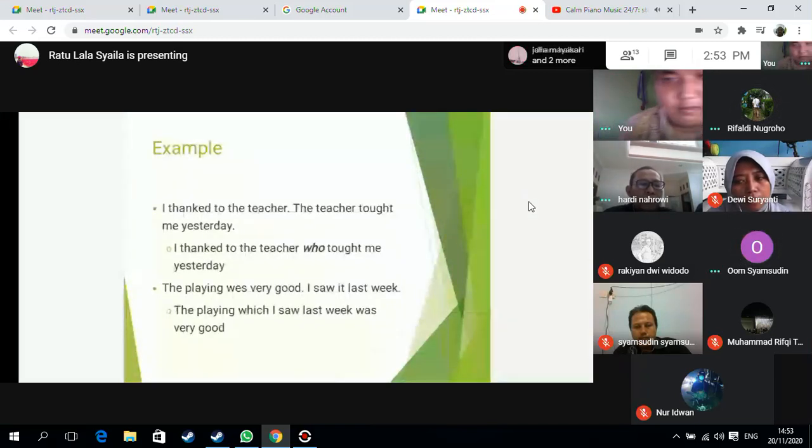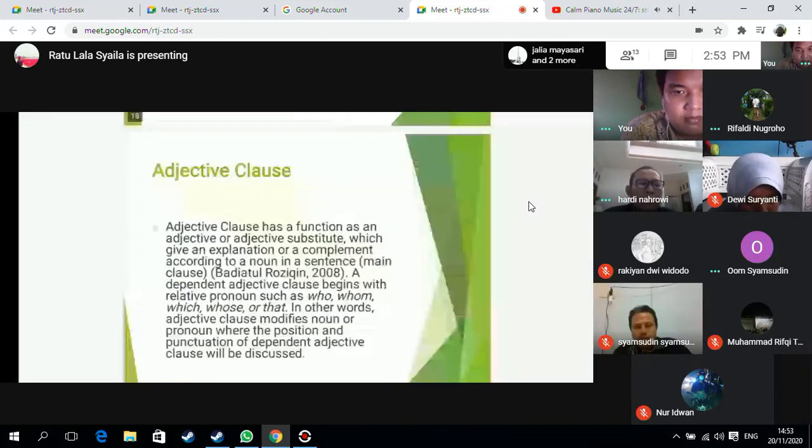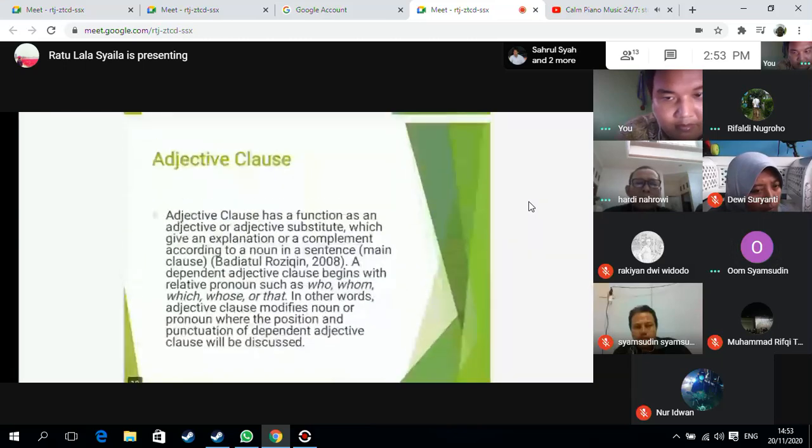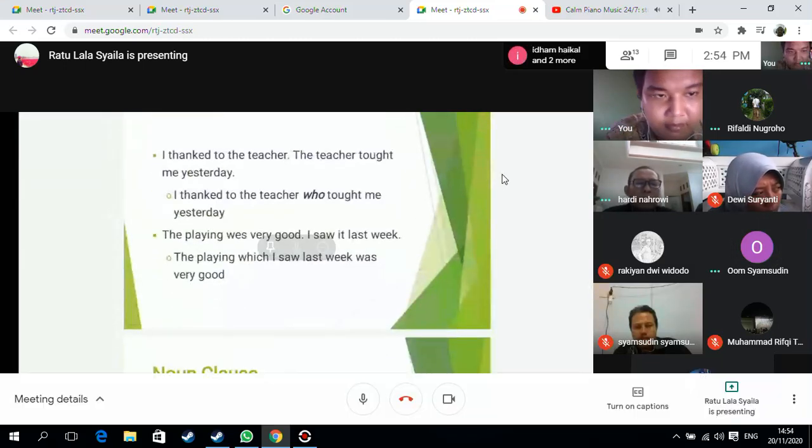So we make it like an adjective clause because it's a complex sentence. We add "who" between "I thank the teacher" and "the teacher who taught me yesterday." So this becomes a complex sentence.